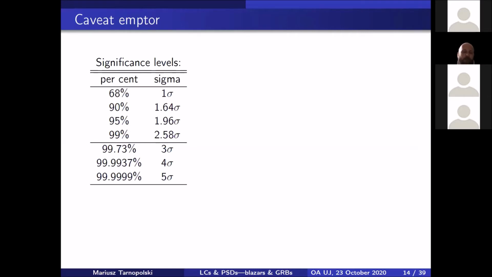Now, a note about the significance. I think it's well known that 1 sigma corresponds to 68%, and that 2 sigma is roughly about 95%. But in everyday life, when we say that something is 99% certain, such a high percentage virtually symbolizes certainty. Like, if one would know that tomorrow there will be 99% chance to be injured in a train accident, well, he wouldn't go near the railway at all.